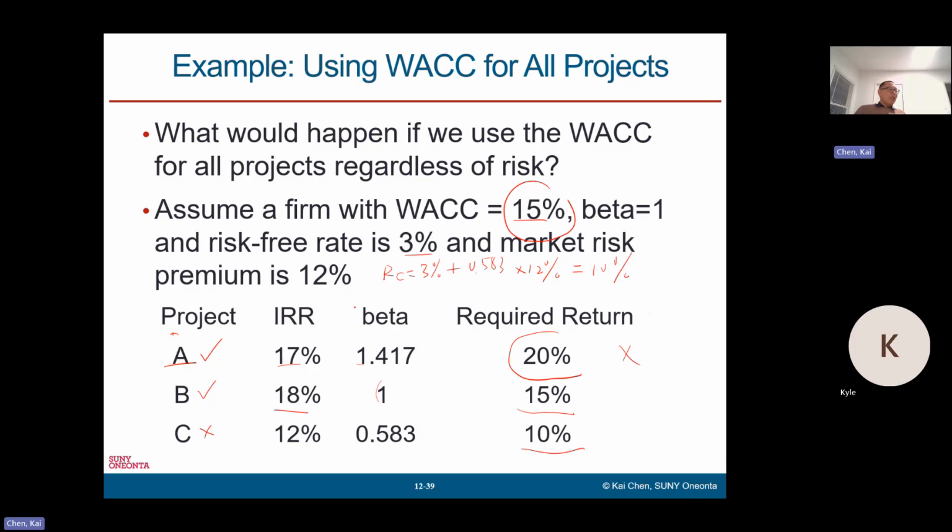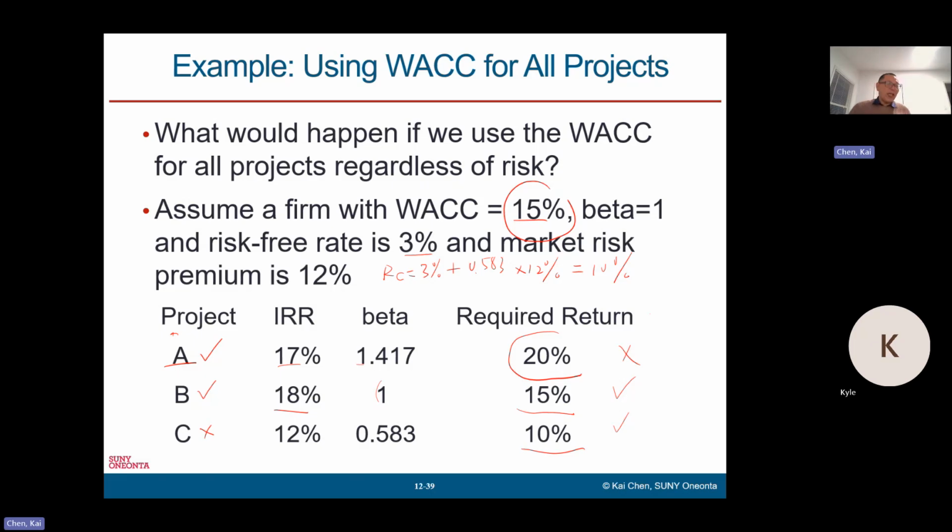For project B, its IRR is greater than the required rate of return. Then we are going to accept it. For project C, now we can see the IRR is 12%. Required rate of return is 10%. Then we're going to accept it.